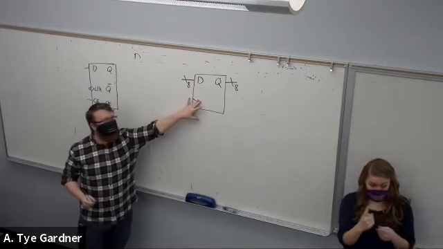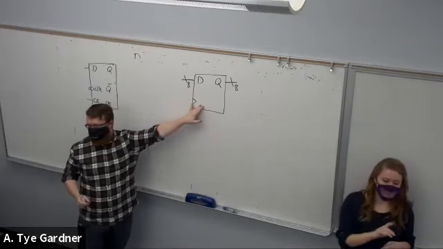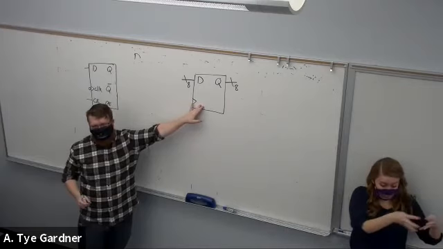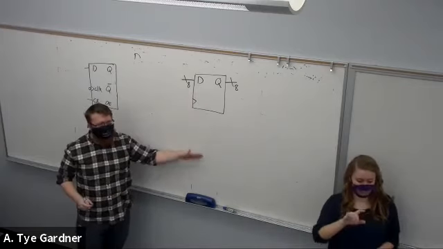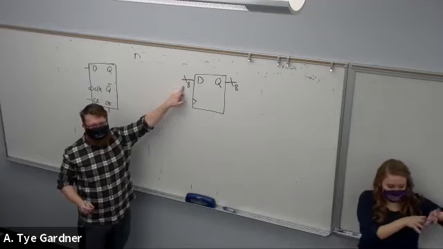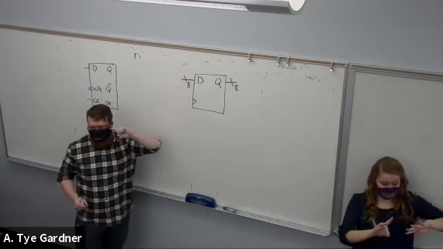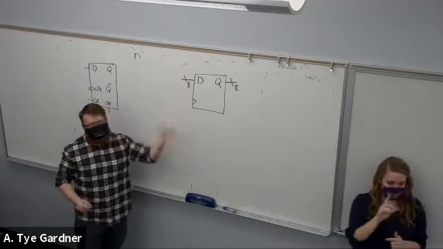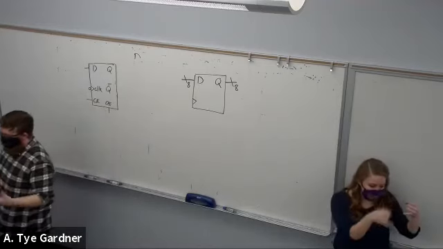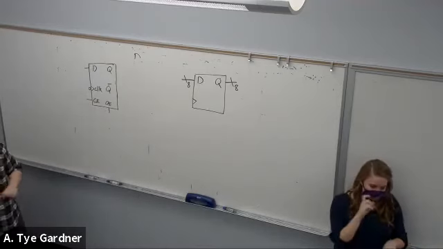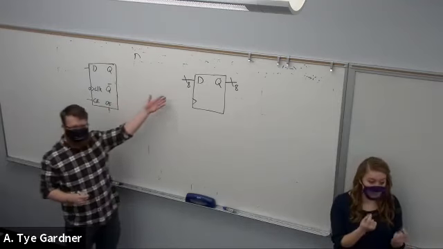Well, no, there's really 8 D flip-flops, and they're just all in parallel, and each one is storing 1 bit of the bus and outputting 1 bit of the bus. But we don't want to draw 8 D flip-flops because that would be awful and annoying. So instead we just use the bus notation.